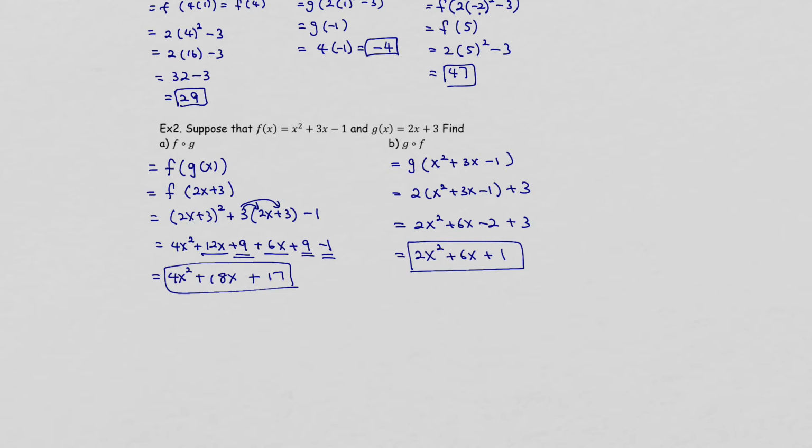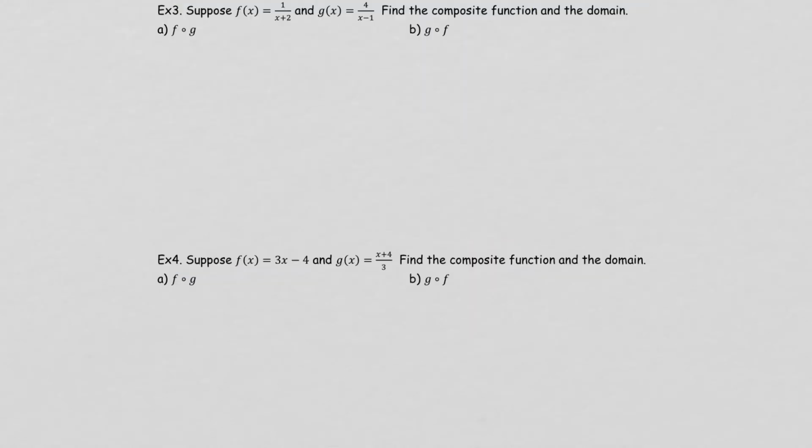Let's try the next one. Next one, we not only need to look for the composition function, but this time we want to look for the domain. So let's try. We're going to replace g of x, which is 4 over x minus 1, into f of x.